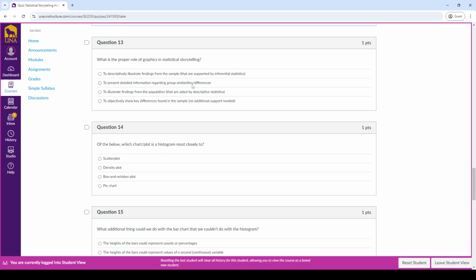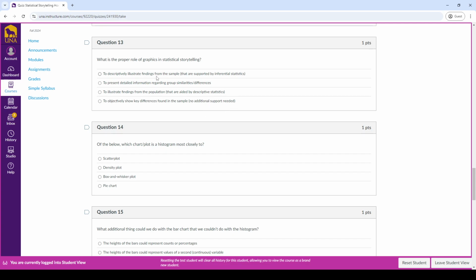"Present detailed information regarding group similarities, differences." "Illustrate findings from the population that are aided by descriptive statistics." Definitely not. "Objectively show key differences found in the sample. No additional support needed." So actually, these two are a bit contrasting, but objectively, well, graphics, sometimes it's tough to be objective with graphics.